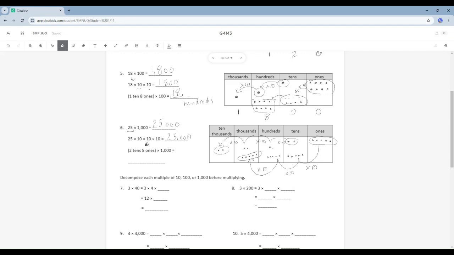So 2 tens times 1,000 is equal to 2 10,000s, and 5 thousands.